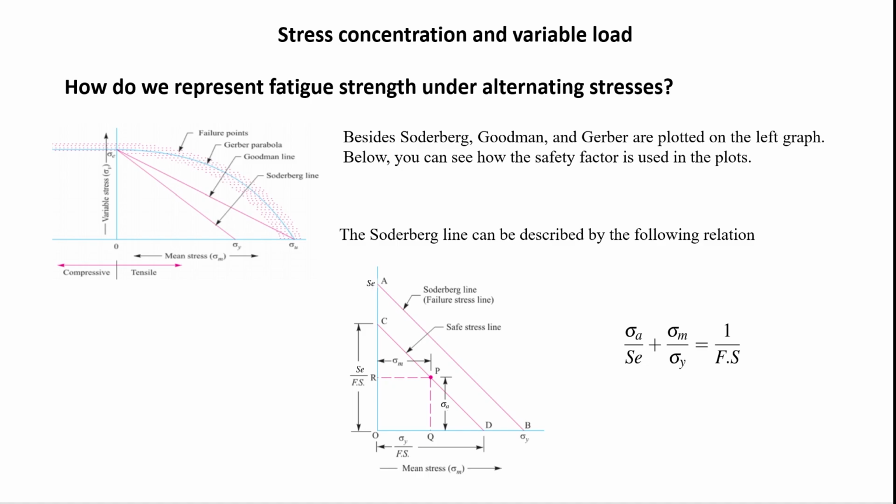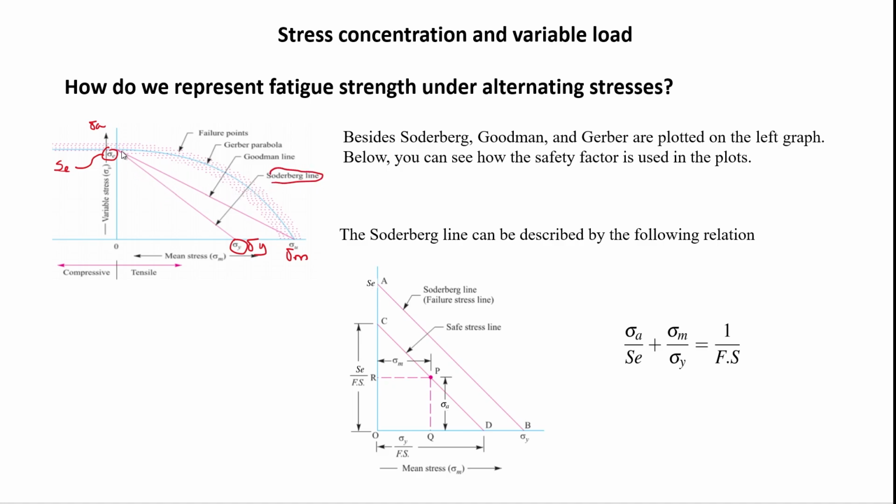Then, if I use the same Cartesian axis where I have the average and the amplitude, and then I have here the endurance limit and here the yield strength of the material, I know that this is going to be the Soderberg line.